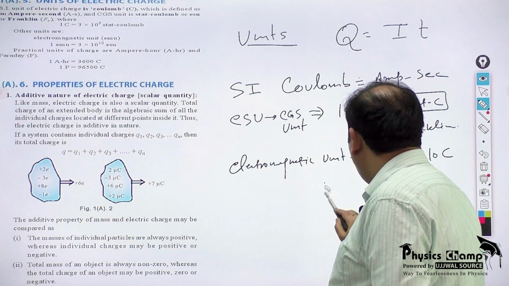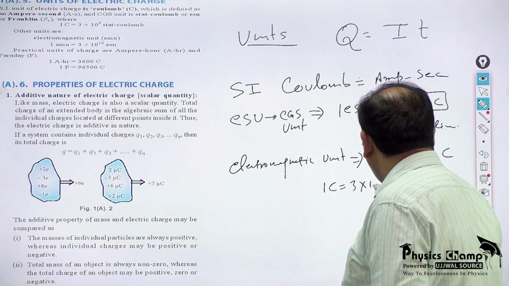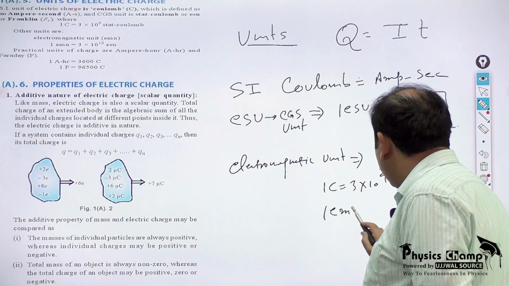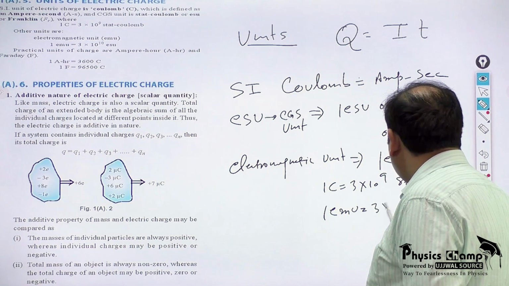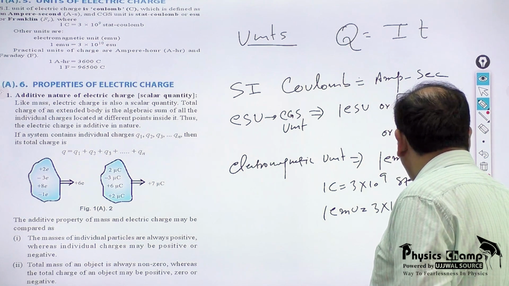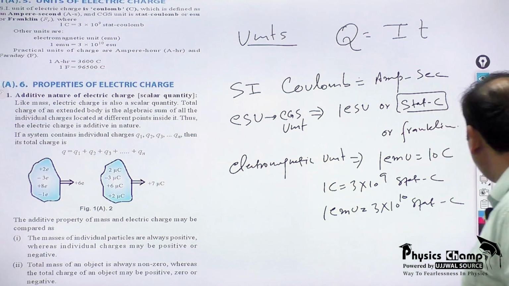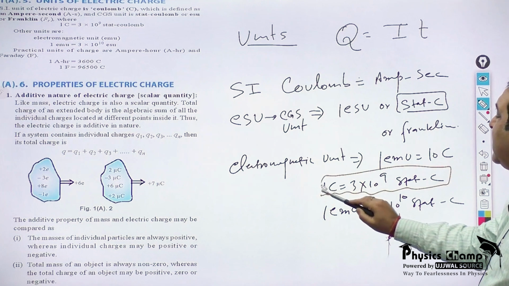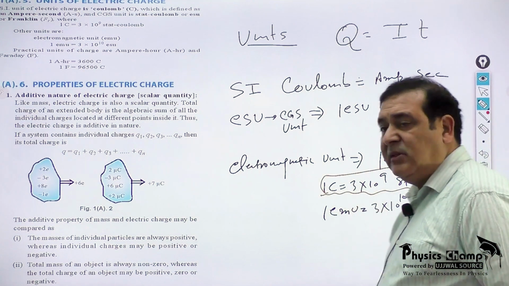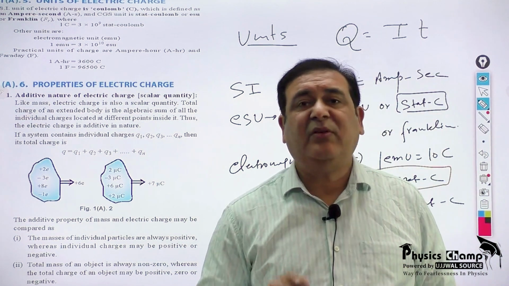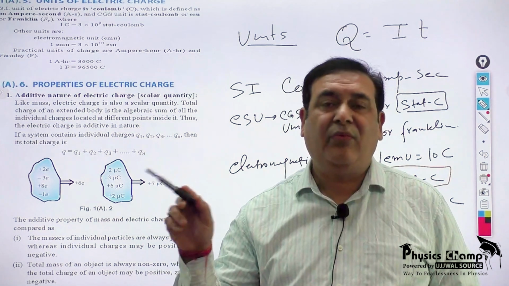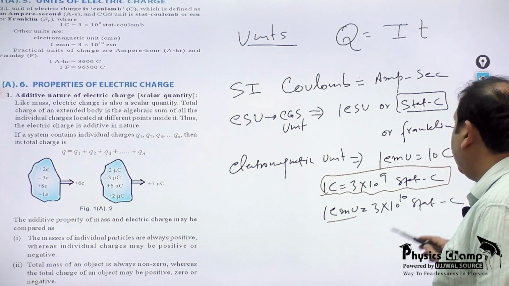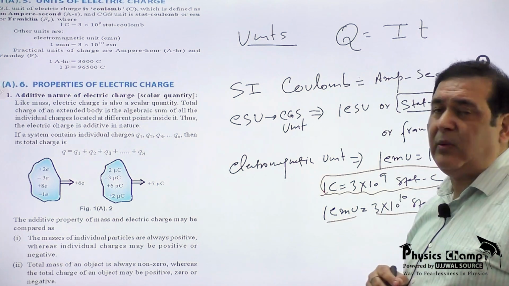Similarly, 1 coulomb is 3 into 10 to the power 9 stat coulomb. So 1 EMU will become 3 into 10 to the power 10 stat coulomb. So 1 SI unit or MKS unit is 3 into 10 to the power 9 of CGS unit.